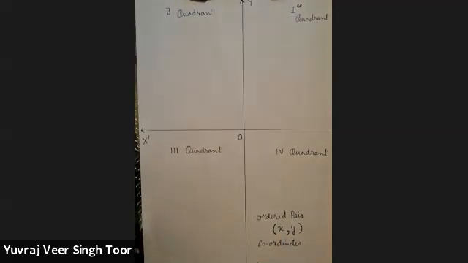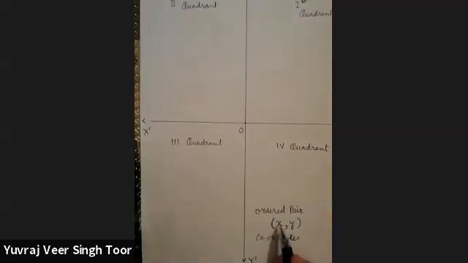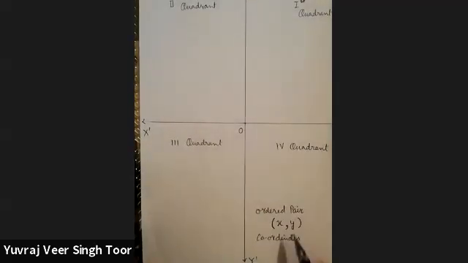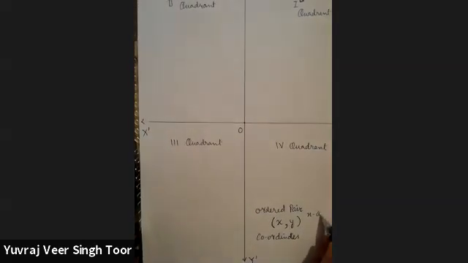This ordered pair is also known as coordinates. The one which is talking about horizontal length is termed as abscissa.